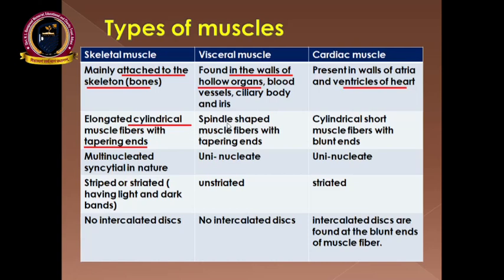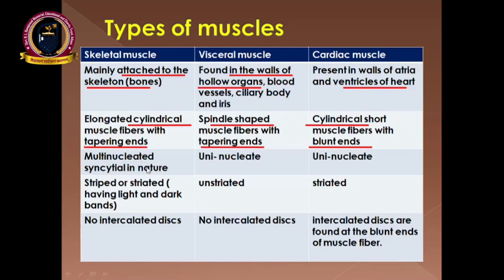Whereas the visceral muscles have muscle fibers which are spindle shaped with tapering ends. Tapering means pointed ends. Whereas the cardiac muscles are cylindrical and short muscle fibers with blunt ends. So here you don't find tapering ends.